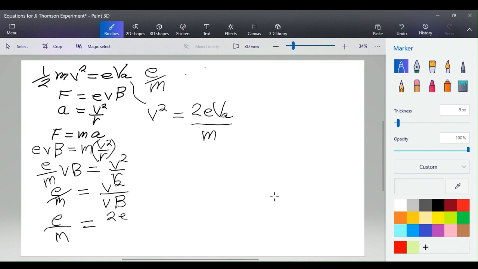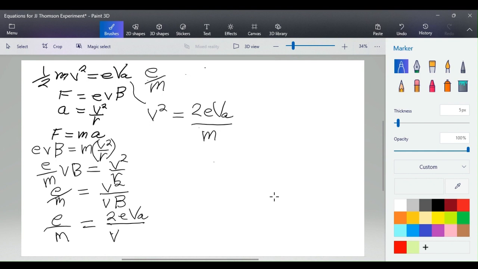2EVA. And then in the denominator, it's going to be V. This isn't so easy when I have to actually challenge myself to do this correctly.